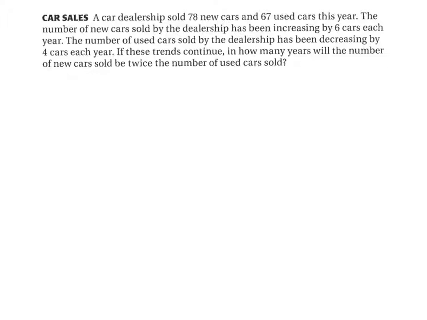If these trends continue, in how many years will the number of new cars sold be twice the number of used cars sold? So it's looking for the number of years. So we can use y to represent that. y equals years. Now we can box the important information that is going to help us find y.